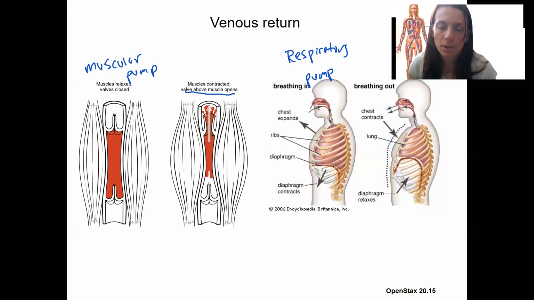The diaphragm and ribs are going to move up, so the thoracic cavity is going to get bigger and smaller. So bigger, smaller as you breathe in and out. That's going to increase and decrease pressure in the blood vessels, the veins, and allow for a pumping action as well that facilitates the return of blood to the heart as well.